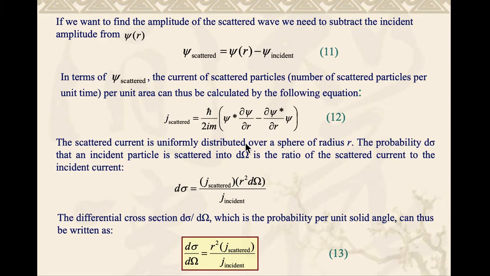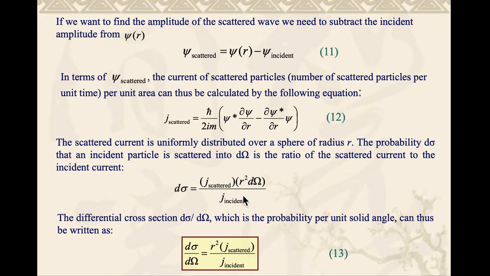So that is a way of calculating this. It is the ratio of scattered current to the incident current. So you can write d sigma equal to j scattered by j incident into r square d omega.